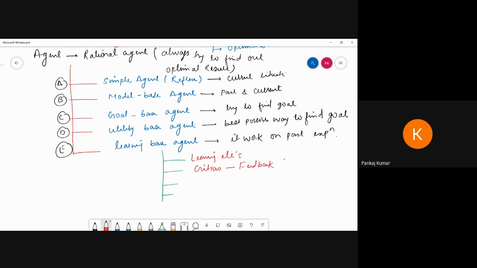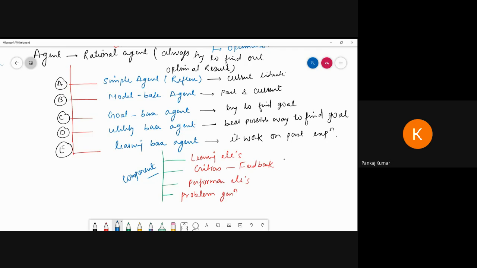Then the performance element, which works on internal performance, and the last one is the problem generator. These are the components of the learning based agent: learning element, critic, performance element, and problem generator.